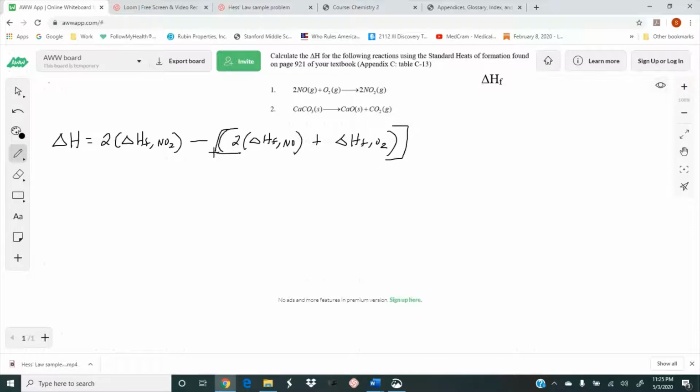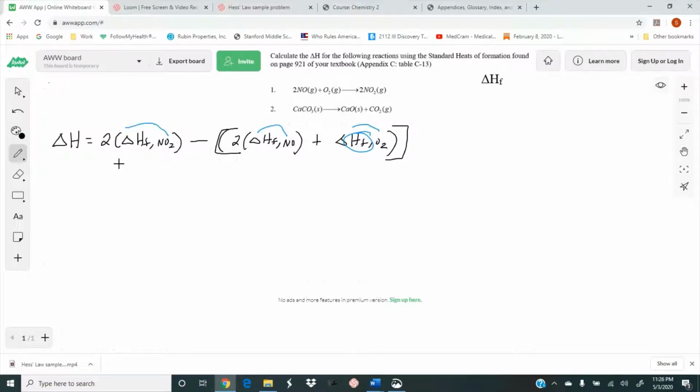The heat of formation of NO2 is one number, the heat of formation of NO is another number, and the heat of formation of O2 is a third number. Actually, the heat of formation of O2 is 0, because O2 is an element in its elemental state. Any element you see in its elemental state is going to be 0. We'll see when we look at the table.